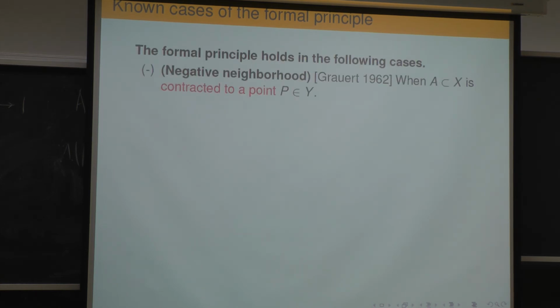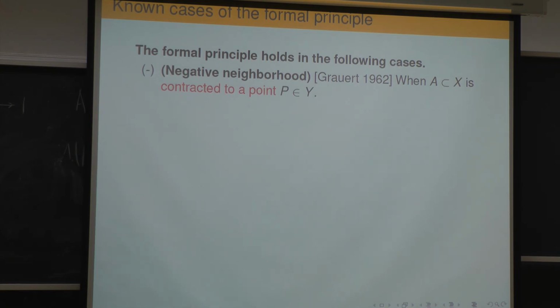Now there are a few cases where the formal principle is known. The first result was Grauert's, the famous paper on exceptional sets. If the submanifold can be contracted to a point, then the formal principle holds. Actually, this is the origin of the problem.